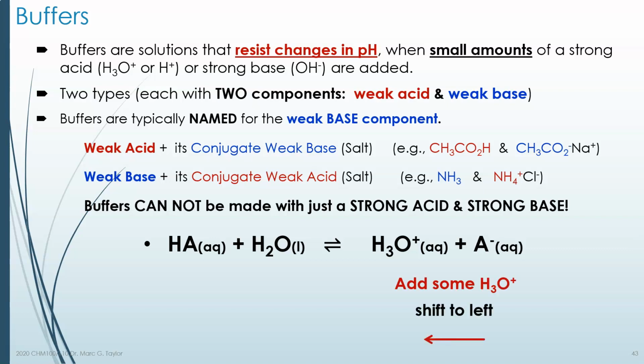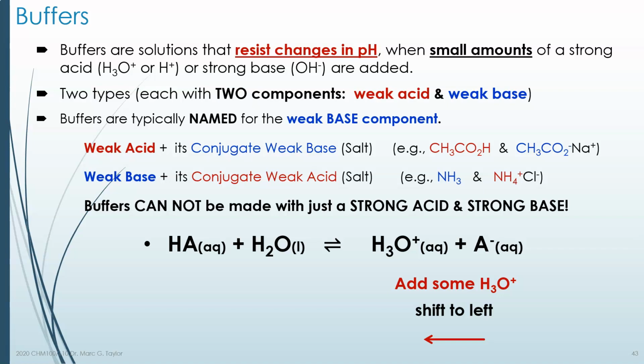So if you add a certain amount of strong acid to the system, that extra acid will react with the base component of your buffer. Remember, there are only two components of the buffer itself: the HA, which is the conjugate acid, the weak acid, and A-, the conjugate base, the weak base in your mixture. So if you add strong acid, it will react with the base, which is A- in this case.